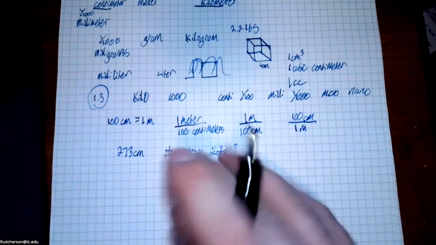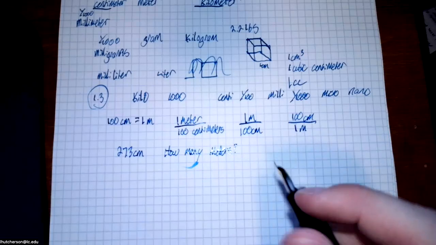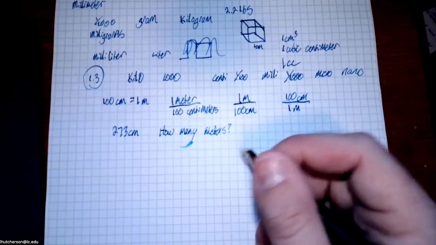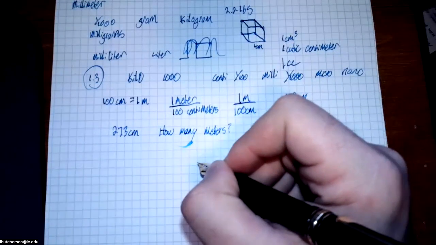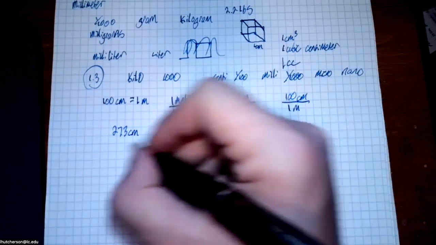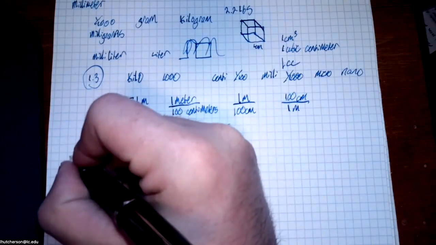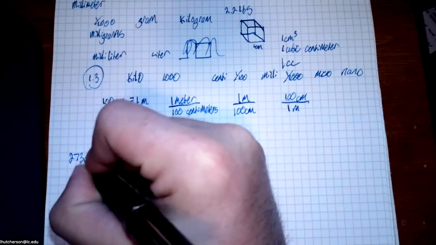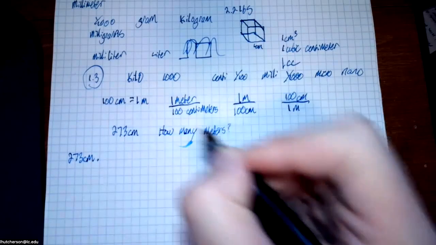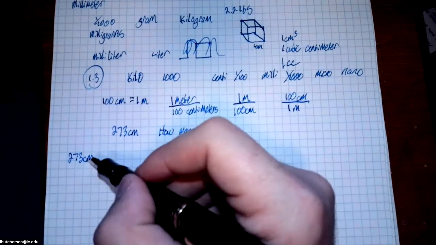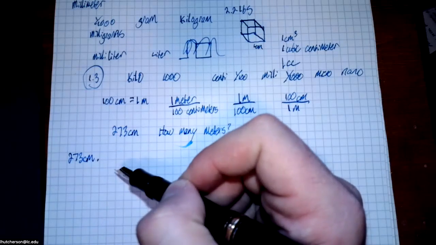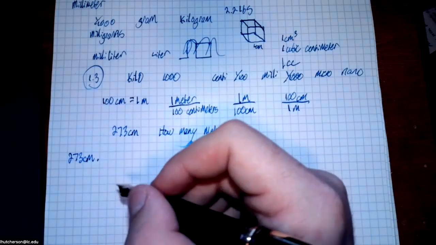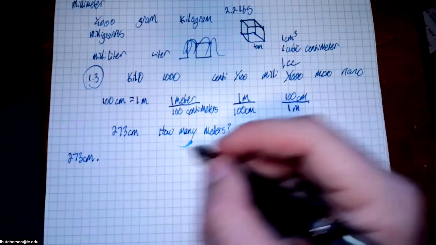How many meters is 273 centimeters? Here's how I can use this framework to calculate that. I can write 273 centimeters here. And then I want to multiply this by a conversion factor that's going to cancel out the unit I want to get rid of and give me the unit that I want.